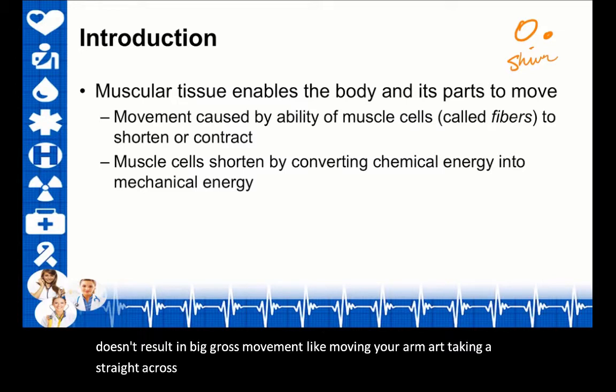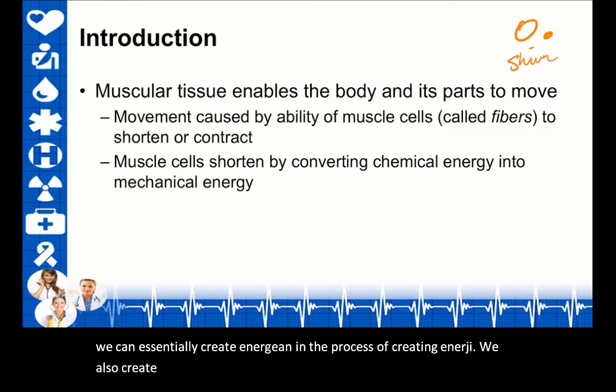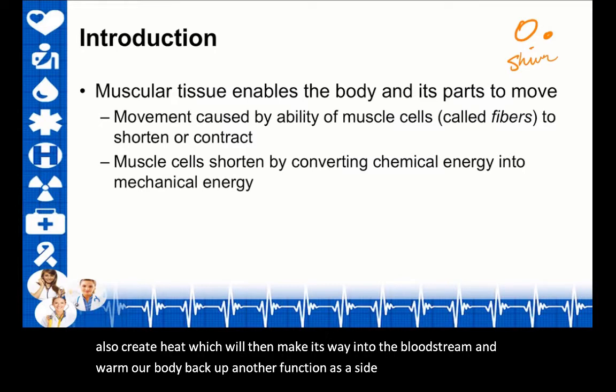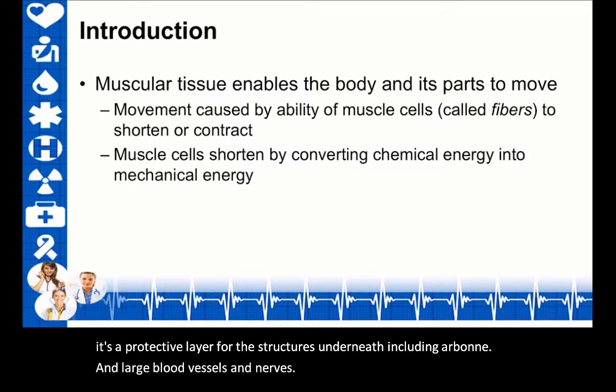Instead, it's firing individual muscle fibers so that we can essentially create energy. And in the process of creating energy, we also create heat, which will then make its way into the bloodstream and warm our body back up. Another function, as a side note, of muscle is that it's a protective layer for the structures underneath, including our bone and large blood vessels and nerves.